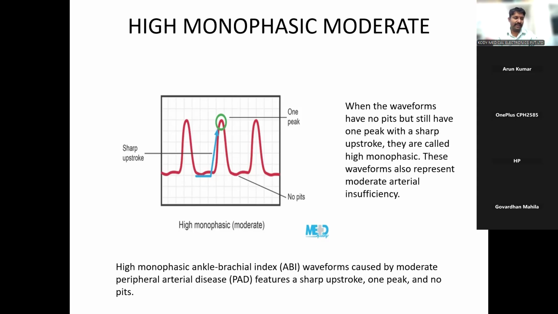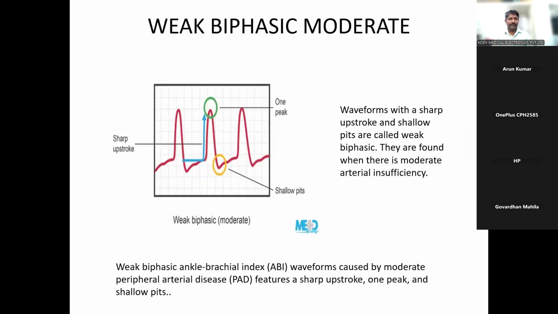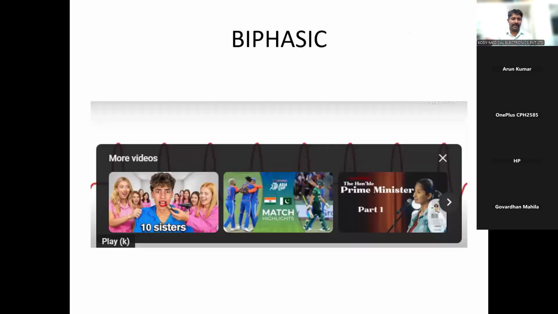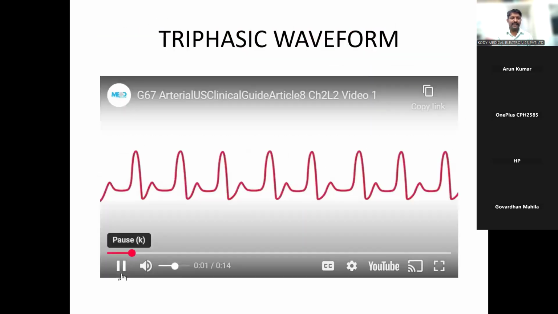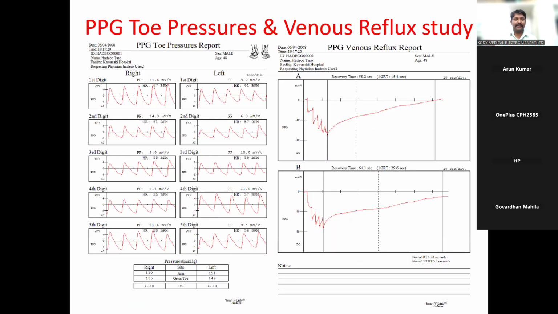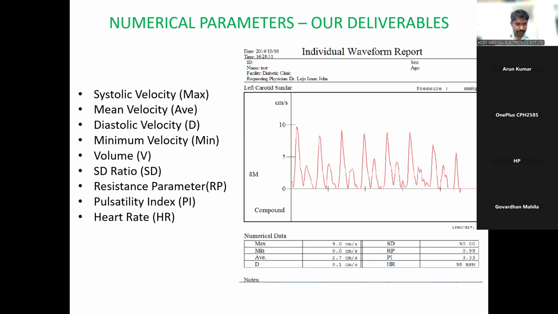Using this, as I explained, when you angle and position the probe a little, you can clearly see it. Sir, you need to focus on purchasing a bidirectional Doppler, which can give you all these monophasic and triphasic waveforms with the flow parameters. We are not just giving the waveform.